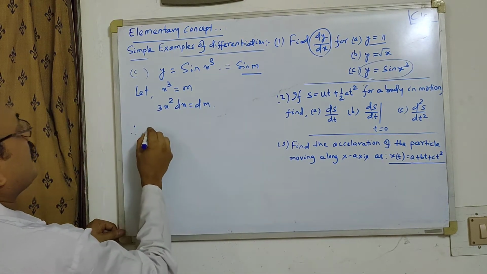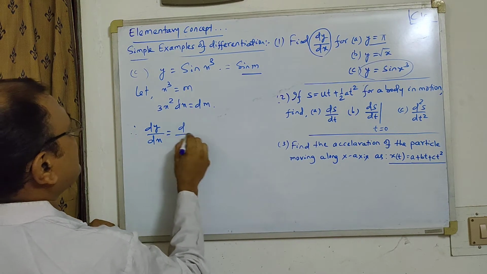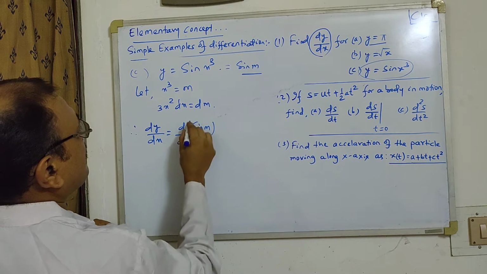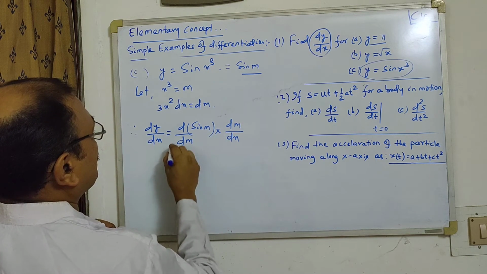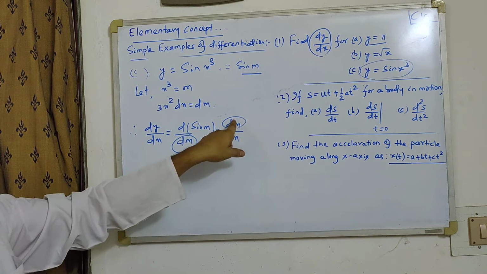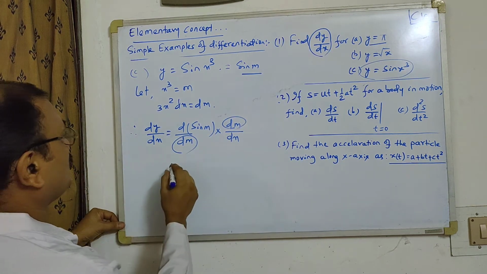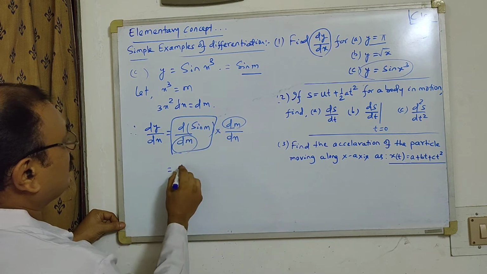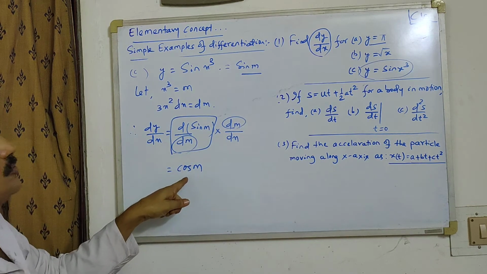So our dy by dx can be written as d by dm of sine m into dm by dx. We have taken the differential coefficient with respect to m and multiplied again by dm by dx. This is the chain rule, which we can apply. This is nothing but cosine m, since the sin m derivative becomes cosine m.